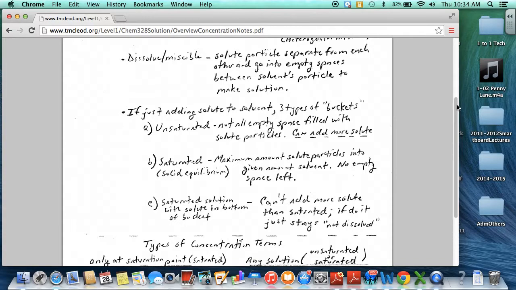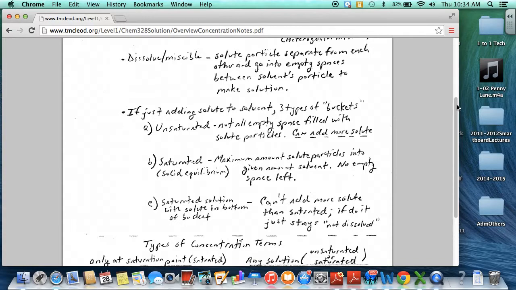So if you're simply taking solute and allowing it to dissolve into the solvent, there are only three things that can happen. Suppose you start off with a bucket of water as a solvent and add in salt, which is an ionic solute. They will dissolve in each other because like dissolves like, and they both have Coulombic force to them.